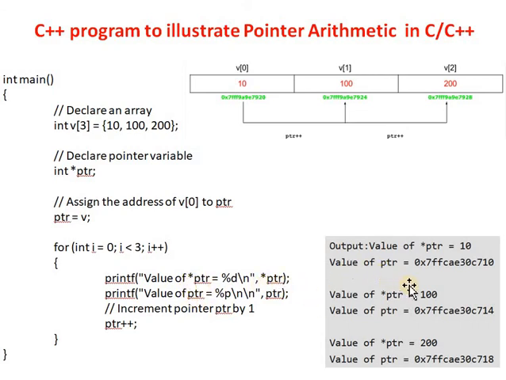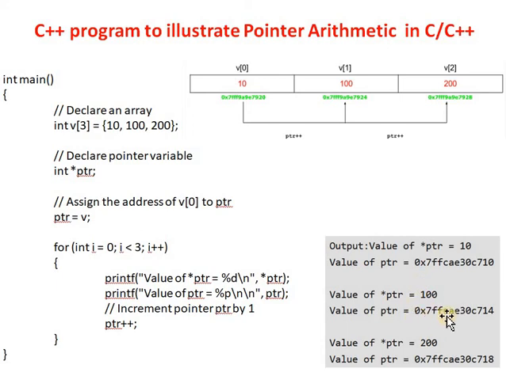So here it will display the address. Then next the pointer is incremented, so the next value is displayed, that is 100, because the array's second value is 100.